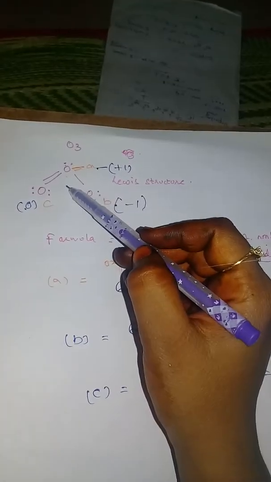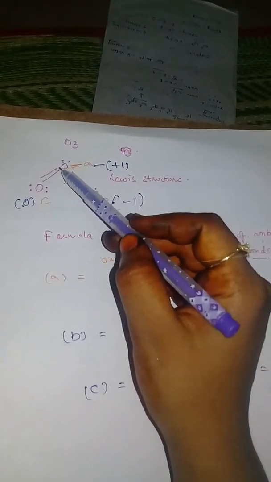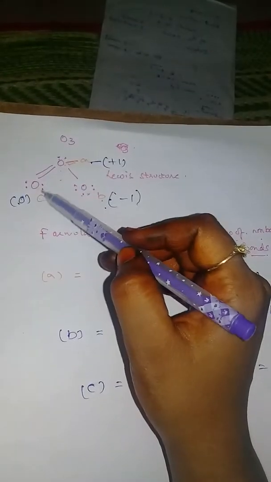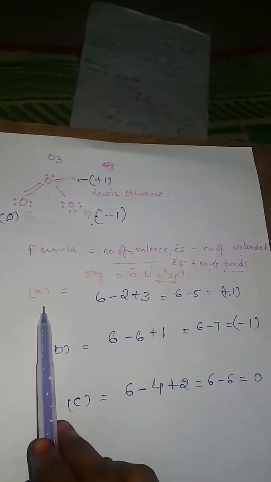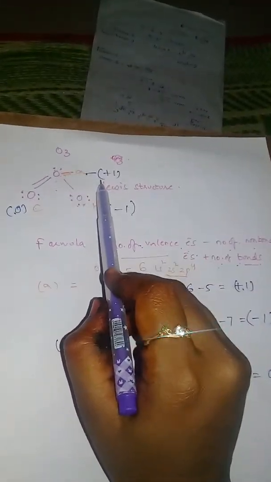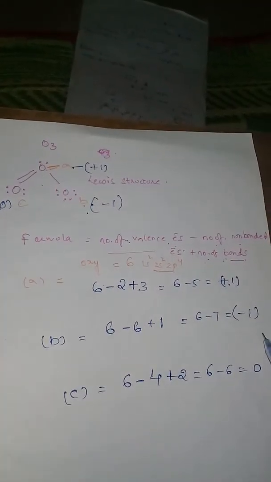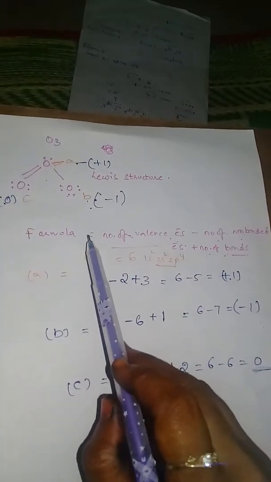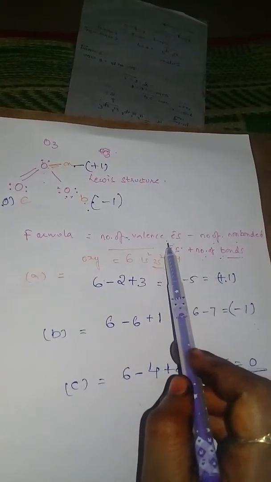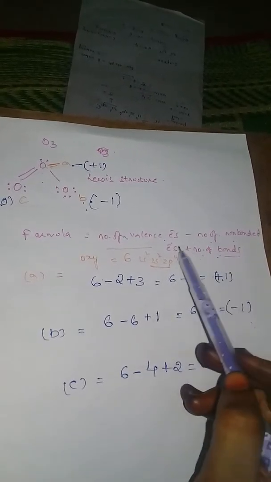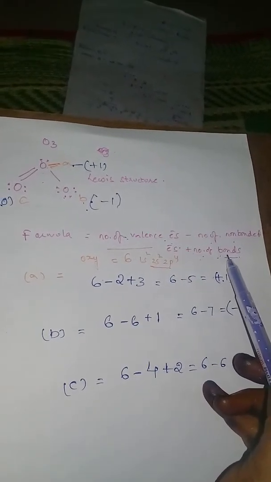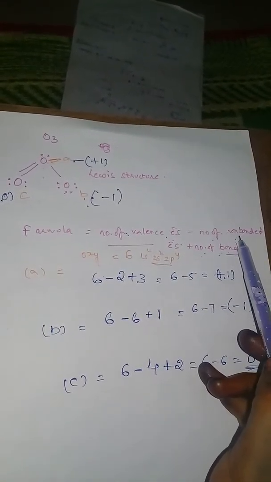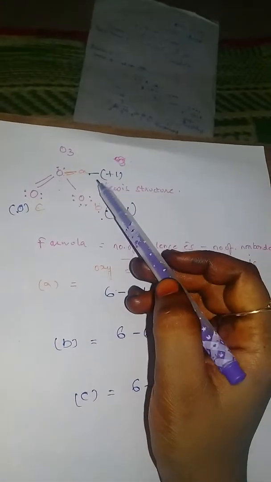See, in the O3 molecule we indicated 3 atoms as A, B, C. For atom A, the formal charge is plus 1, for B the formal charge is minus 1, and for C the formal charge is 0. The formula is number of valence electrons minus number of non-bonded electrons plus number of bonds. In easy words: number of electrons minus number of dots plus number of lines.